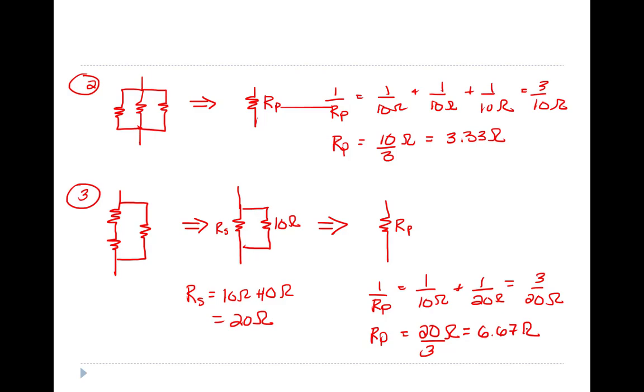The last combination, number 4, is 1 resistor followed by 2 resistors in parallel. So again, like in the previous combination, I have to take 2 combinations.